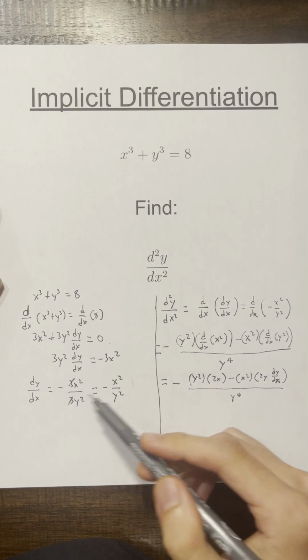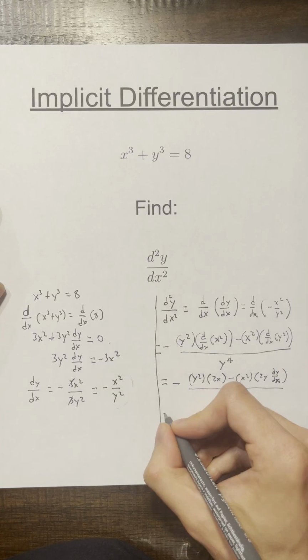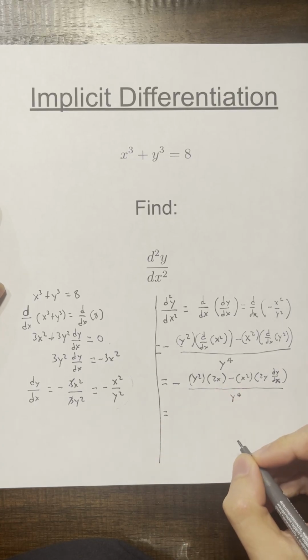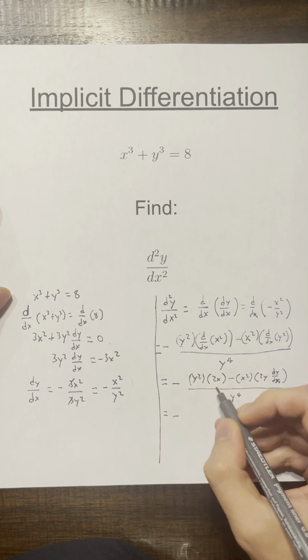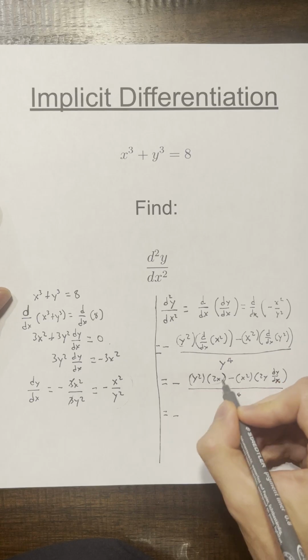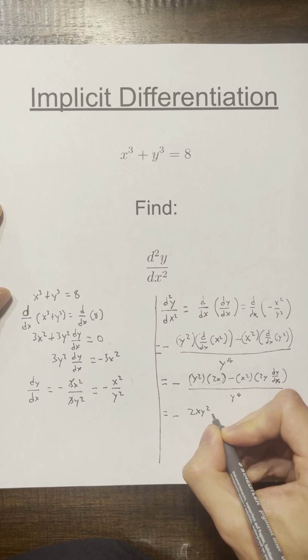So dy dx is negative x squared over y squared. Let's go ahead and change that. Okay, so negative. I'm going to just change this to alphabetical order. So 2xy squared.